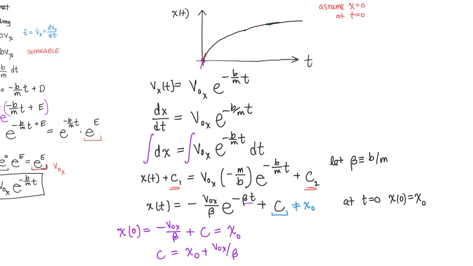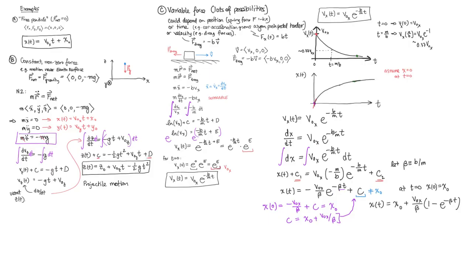Okay. And when we put that in for the constant in this equation, we find a position as a function of time that's equal to the initial position plus v naught x over beta times 1 minus the exponential. And we now have an expression for the position as a function of time. And let's think through this and make sure it makes sense.